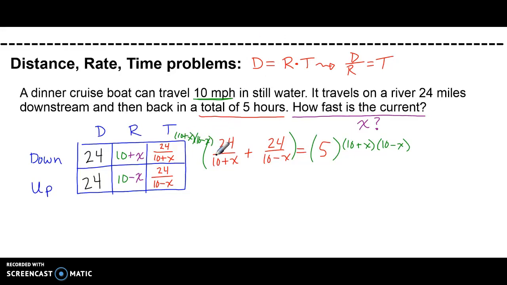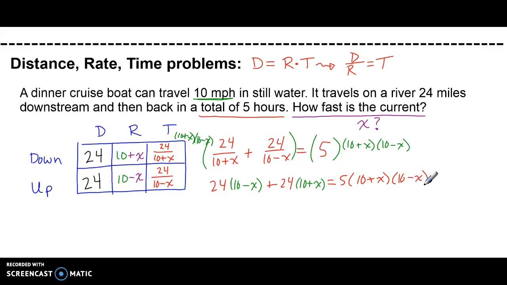In this first fraction, when I multiply by 10 plus x, that part will cancel. I'll still have the 10 minus x that didn't cancel with anything. In the second fraction, the 10 minus x cancels, and we still got the 10 plus x that didn't cancel with anything. And then over on the right-hand side of the equation, there's nothing canceling with anything because there's no denominators.